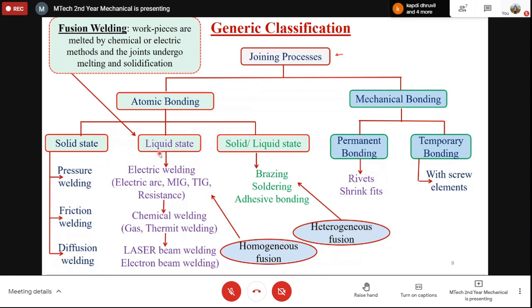That type of joining is liquid state joining. We are raising the temperature of the material up to its melting point. Then we are doing the fusion of the material. That type of joining is liquid state joining.